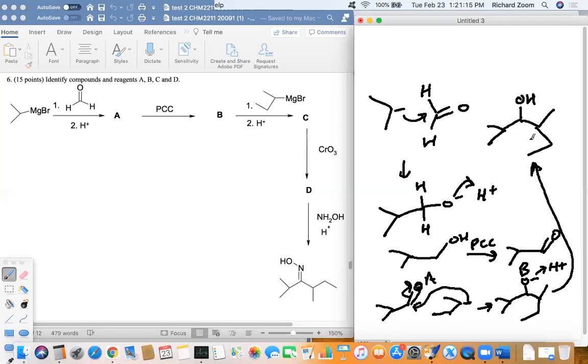And that would be C. Then I could hit that with CrO3, and that would be D, which would be an aldehyde or a ketone, and it should match what's going on down the bottom there as well. And it looks like it does. So that would be D. Does anybody have any questions?